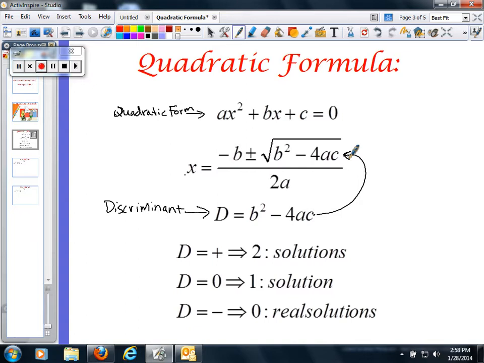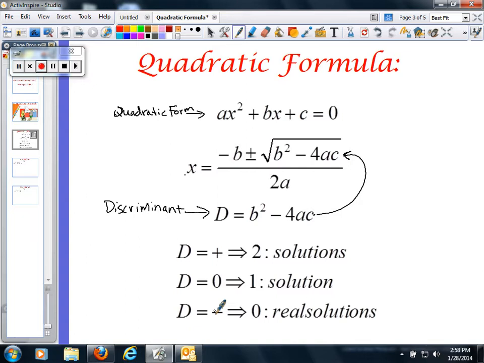And what this information tells you is, if D is positive, you're going to have two solutions. If D equals 0, then there's only going to be one solution. And if D is negative, then there's going to be 0 real solutions. It's actually going to give us what we call an imaginary solution, which we will get into.